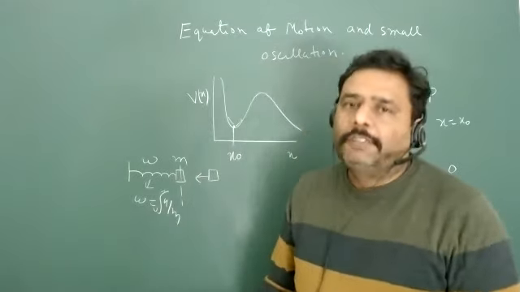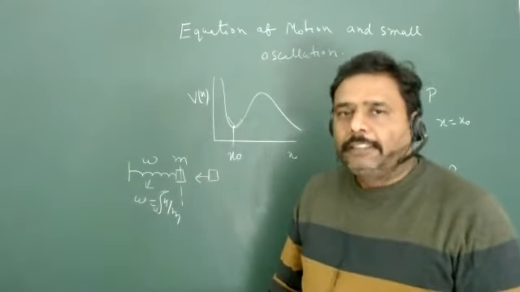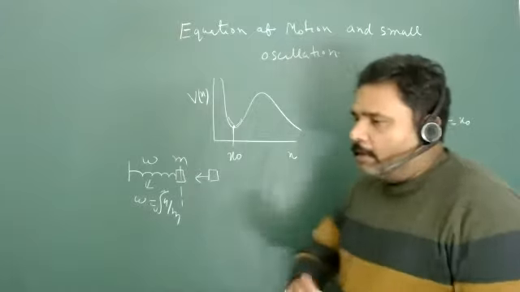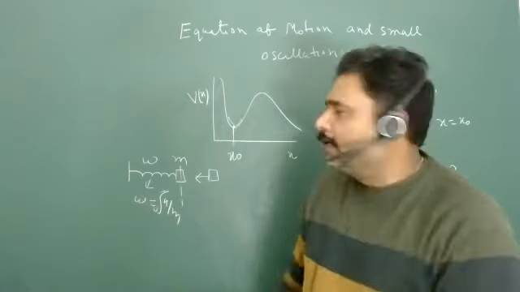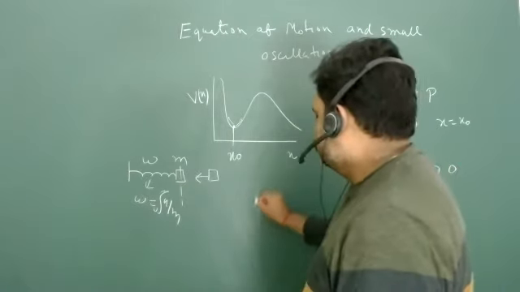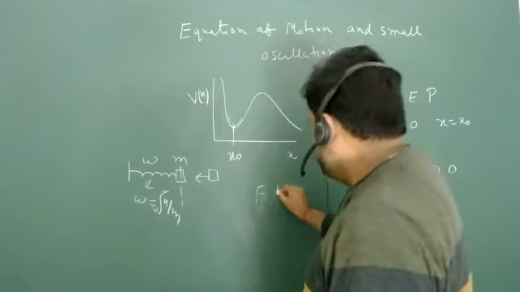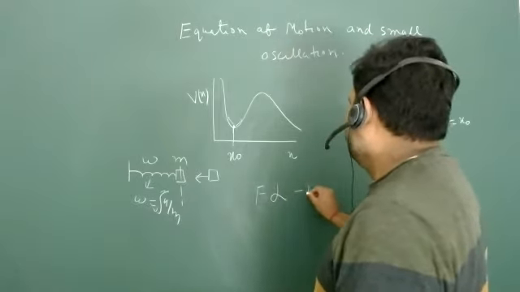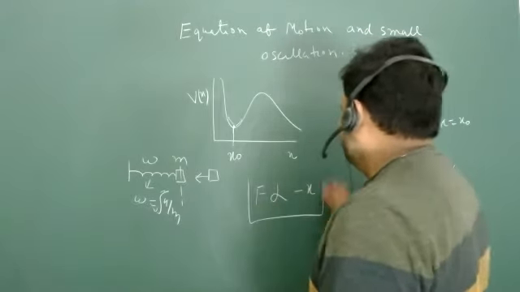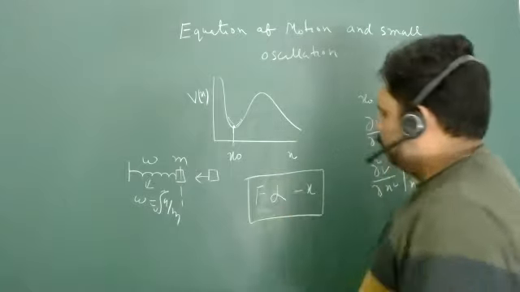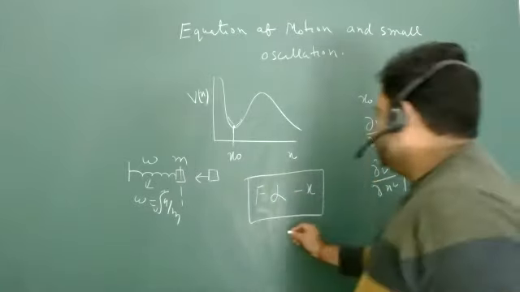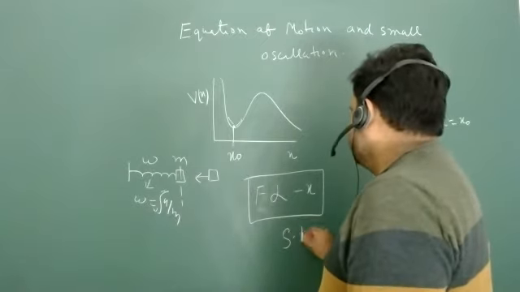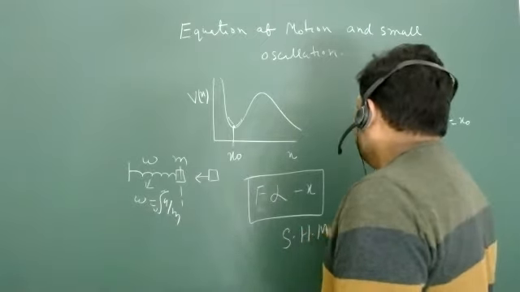This force is identified as a restoring force, because the force will always oppose the displacement. So this force is proportional to minus x. Whenever we have a force which is proportional to minus x, we can say this is equivalent to simple harmonic motion.